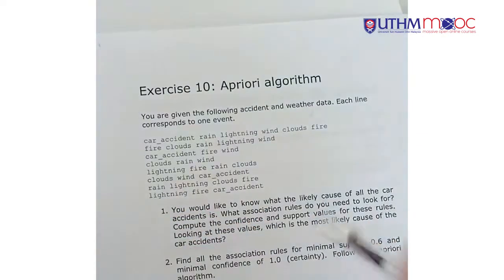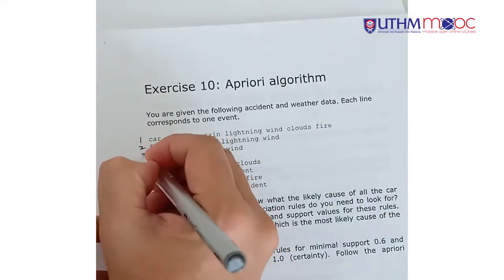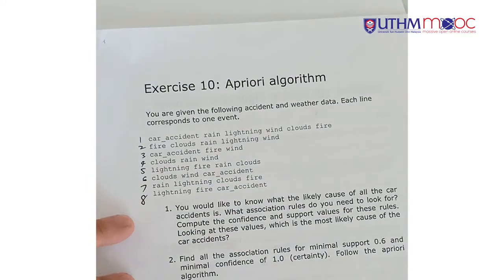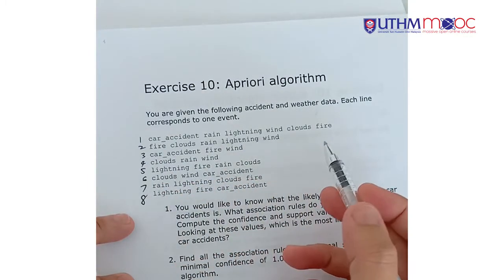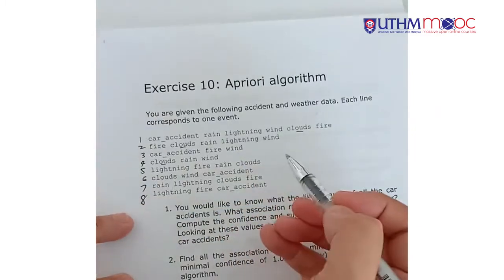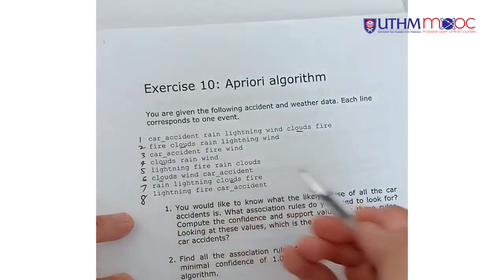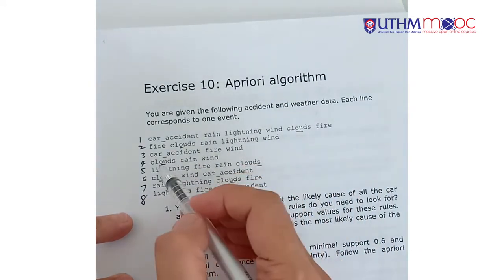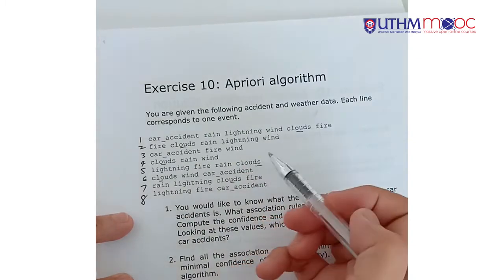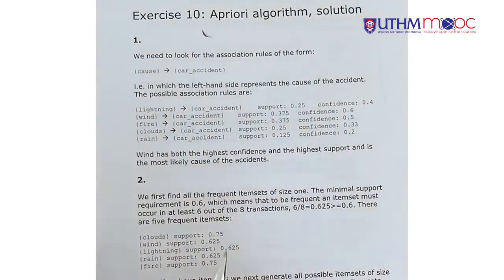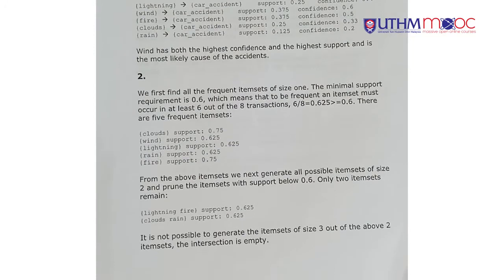We have a total of 1, 2, 3, 4, 5, 6, 7, 8 events. How many events have cloud? 1, 2, 3, 4, 5, 6. So 6 out of 8 events contain cloud. Therefore, the support is 0.75, and we are going to take this.